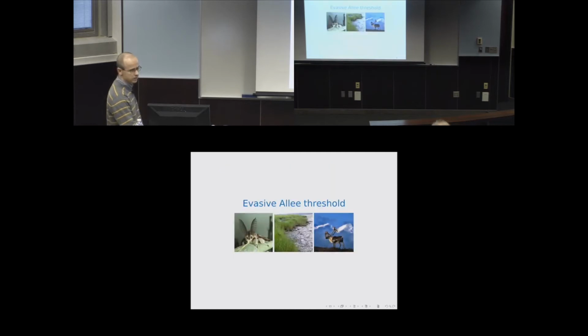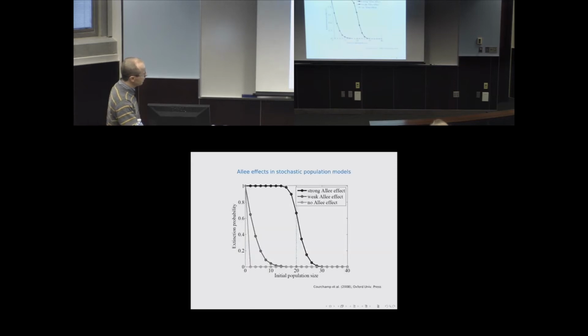And the final part of the work is related to the complexities which surround the estimation of the Allee threshold. When we include stochasticity in our modeling, the situation becomes slightly more complicated, because there is no longer a fixed value of critical population size above which the population goes to high values and below which it goes extinct.